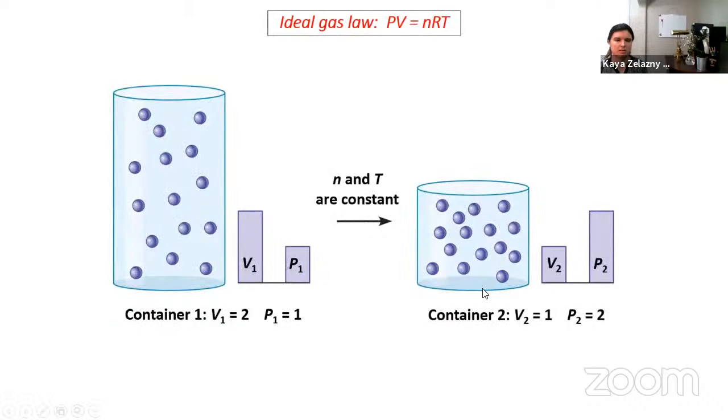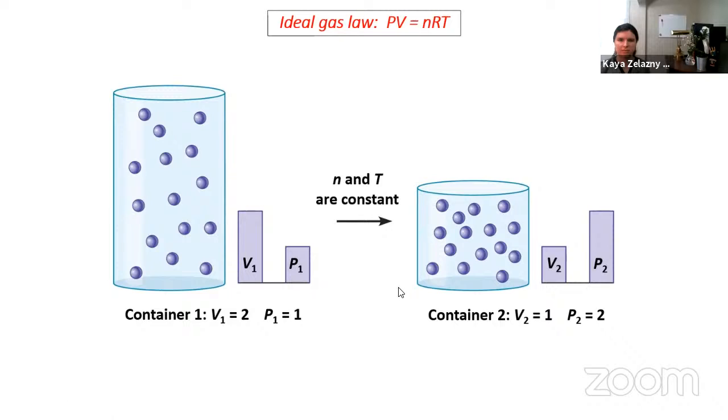I thought I was done with this slide, but it turns out I was not. In this equation, we were showing two containers where that n, the amount of gas inside, stays the same.